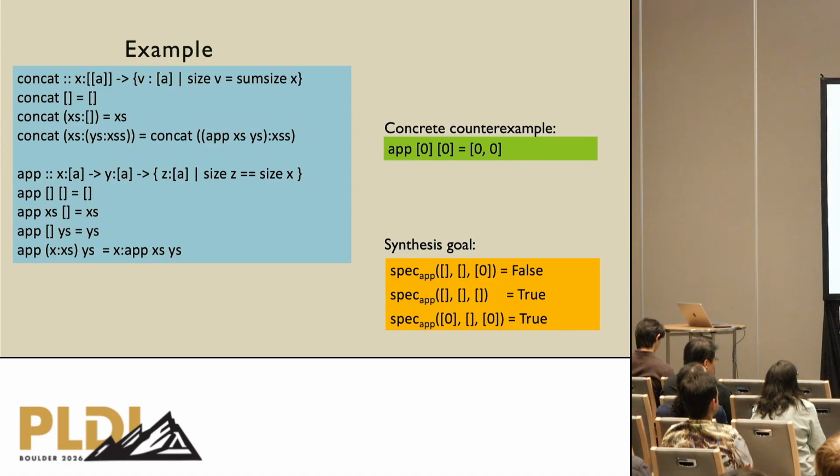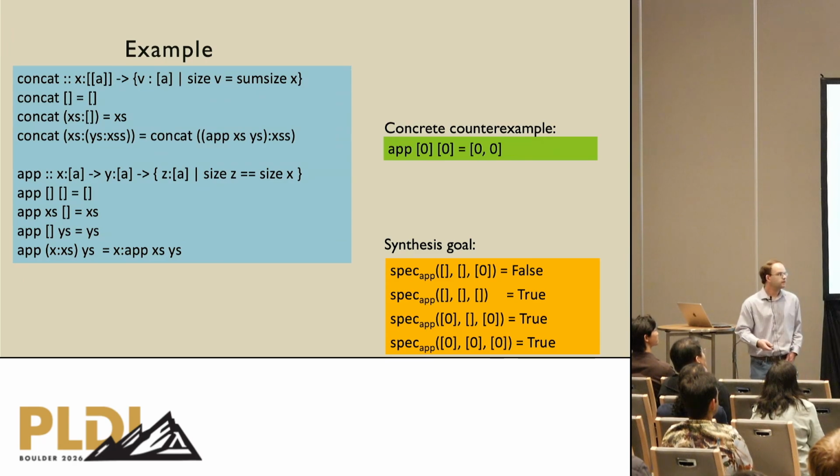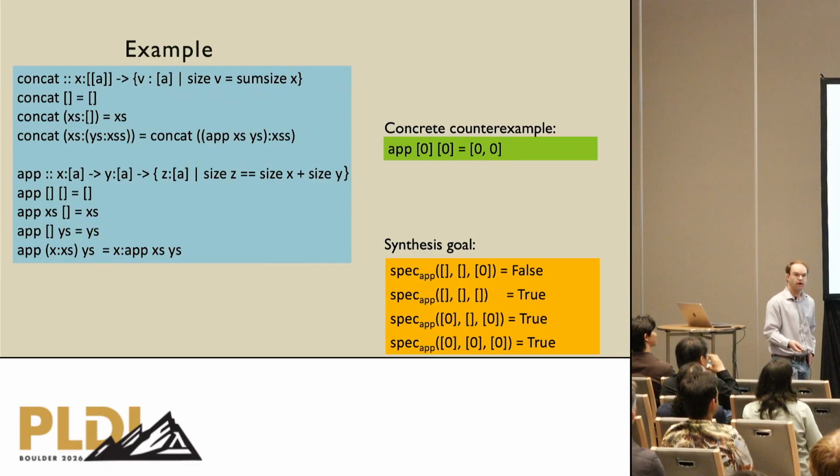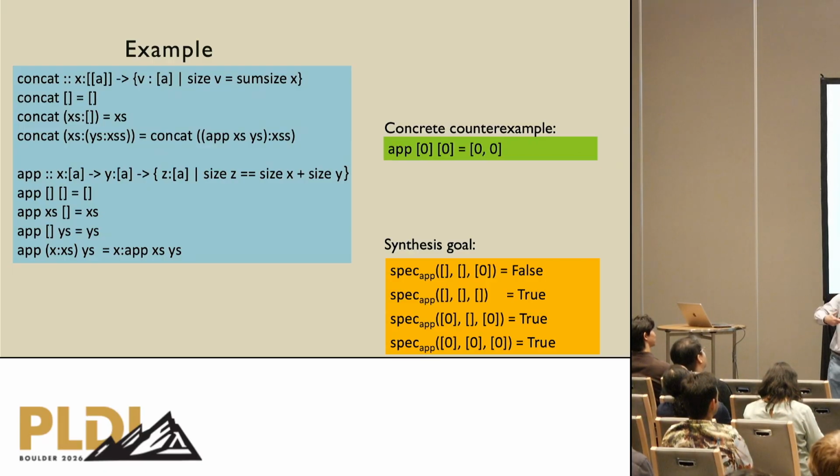And so we get another counterexample. And we keep on doing this until we have enough counterexamples to guide us to a correct specification for app, meaning a specification that both is true about app, correctly describes app, and is sufficient to verify the specification on concat.